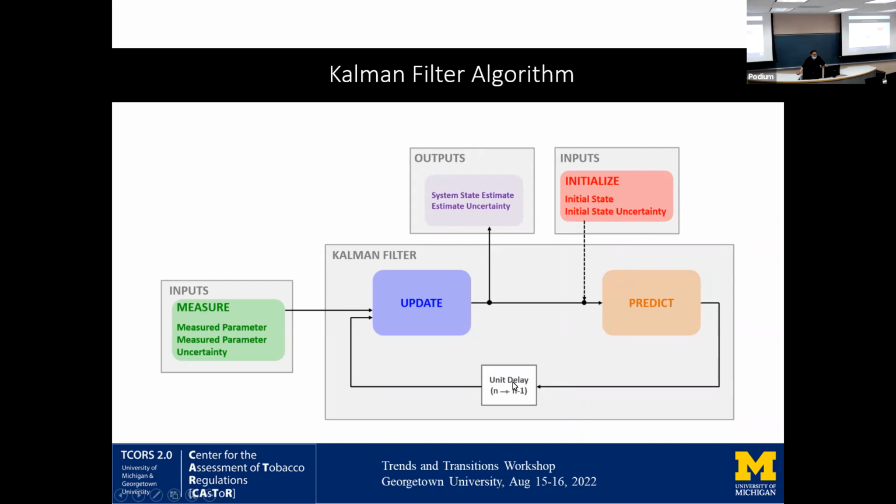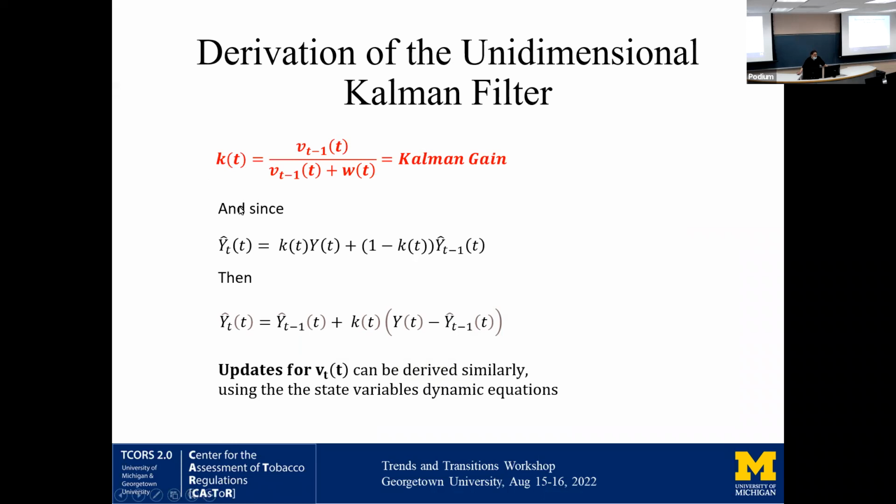Then you have to wait until the next period, until you collect the data, the measurement, and then with what you projected and the data collected, you update, you filter with the Kalman gain, and then produce the estimate of the state, that's what we saw here, and also the estimate of uncertainty, which we didn't derive the formula for, but we can do that in a similar way.